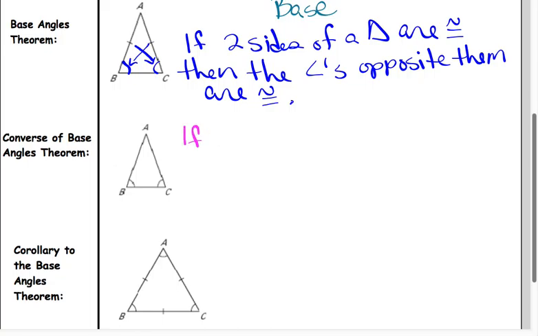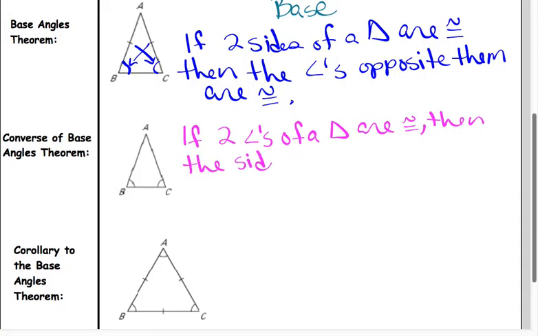If two angles of a triangle are congruent, then the sides opposite them are congruent. So just the reverse order. If these two angles are congruent, then opposite from them, these sides will be congruent as well.